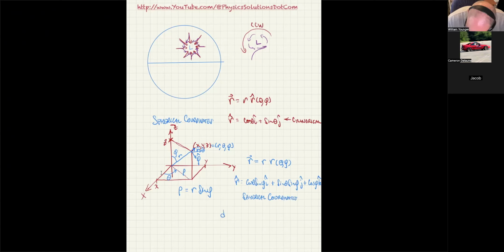Now then if you took dr over dt, which is d by dt of r times r hat, then you could say it's going to be dr over dt times r hat plus r times dr hat over dt. But dr hat over dt is equal to dr hat over d theta times d theta over dt plus dr hat over d phi times d phi over dt.